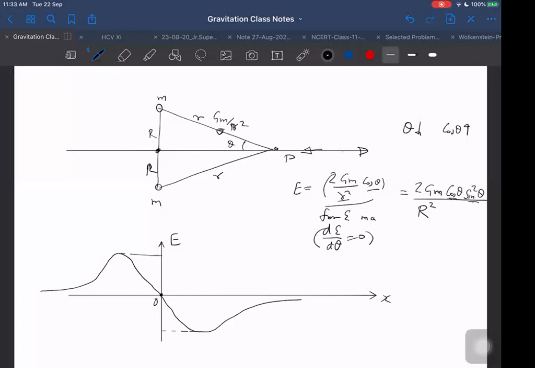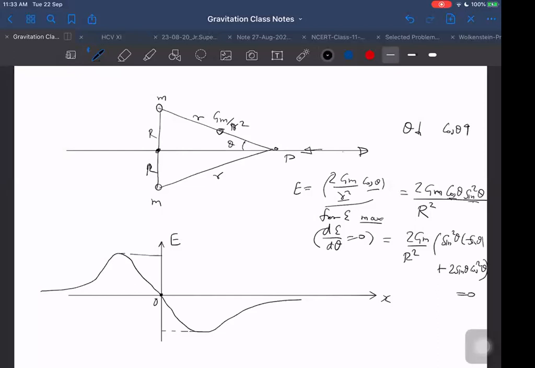Then dE by d theta will be 2GM by R square into the derivative of cos theta sin square theta. First we take the derivative of cos theta, that is minus sin theta into sin square theta, plus cos theta into 2 sin theta cos theta, which is equal to 0.